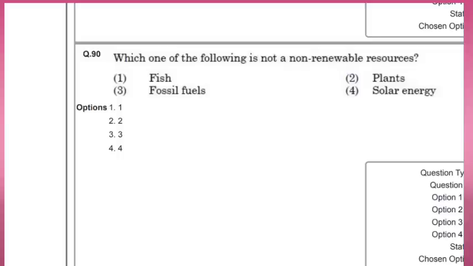Question number 90, the answer is solar energy. Not a non-renewable resource, basically, so a renewable resource is the correct answer. Solar energy is correct, option 4.